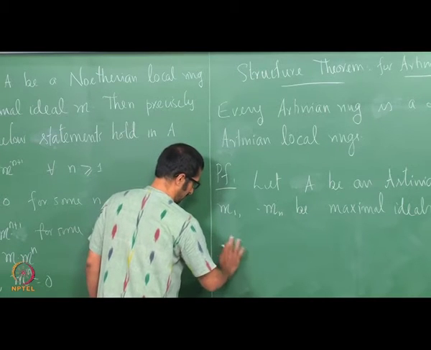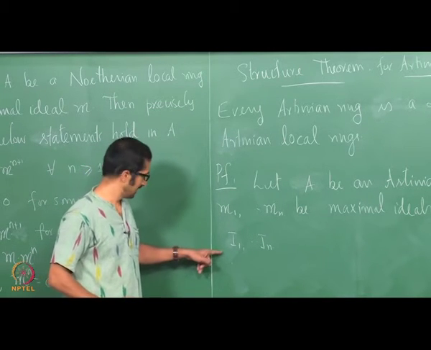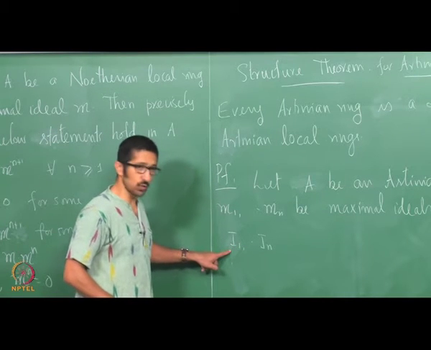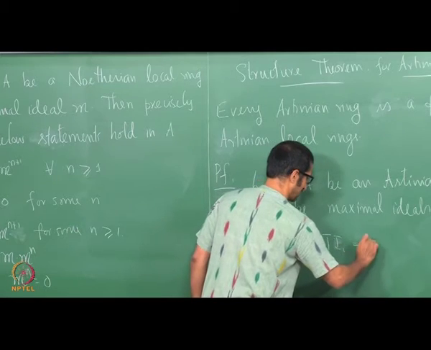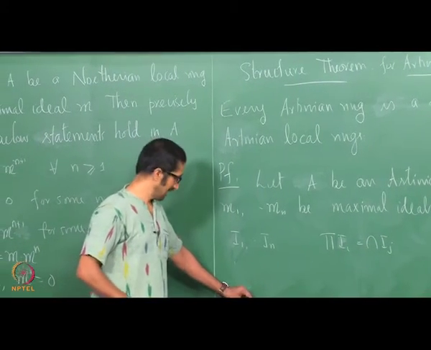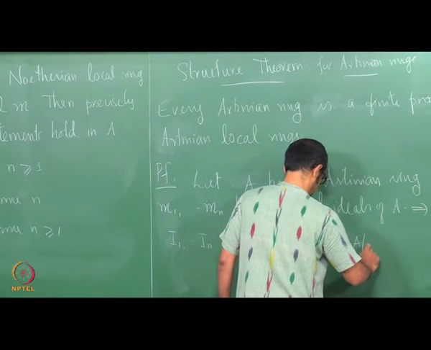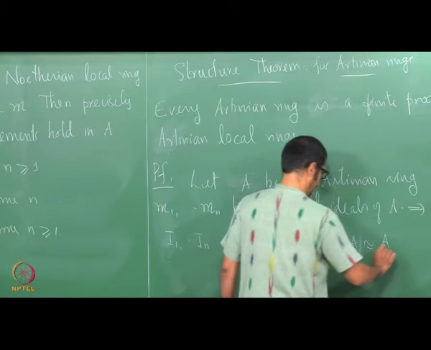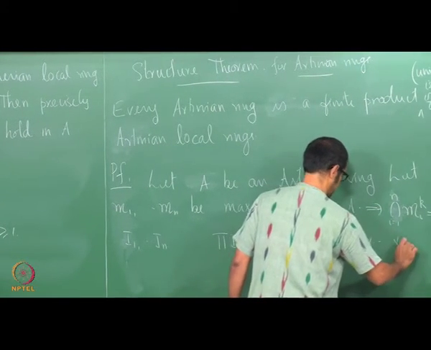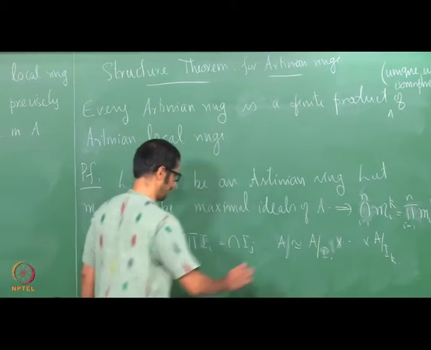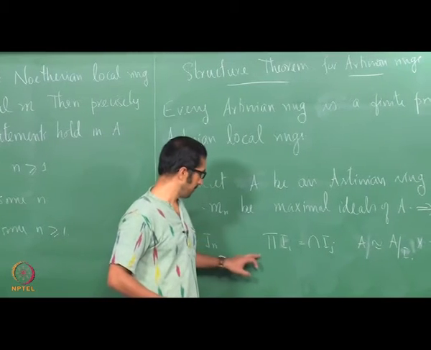If I have I1 up to In, they are all co-prime if and only if the product is the intersection of the Ij, and in that case what we know is that A mod I is isomorphic to A mod I1 cross up to A mod In. Right, when they are co-prime the intersection holds.